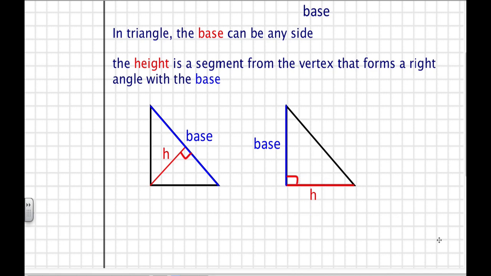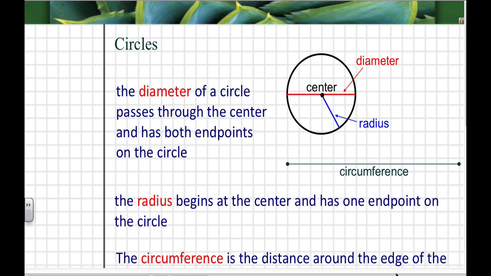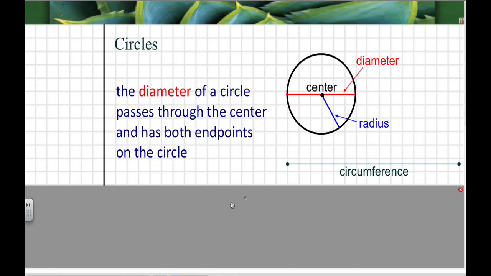Alright, so now that we've discussed triangles, bases, heights, area, and perimeter of plane figures, let's move on to the other topic that we have to discuss, which is formulas for circles. Again, with circles there's quite a bit of vocabulary, so let's break this down into some smaller parts. First of all, the circle itself is all of the points that are exactly the same distance away from one point, which we call the center.